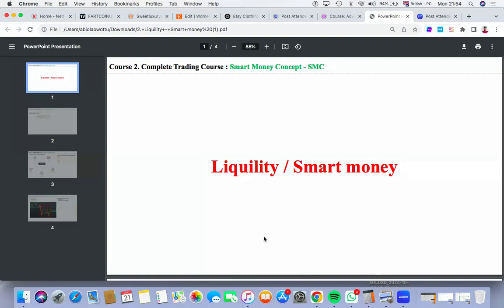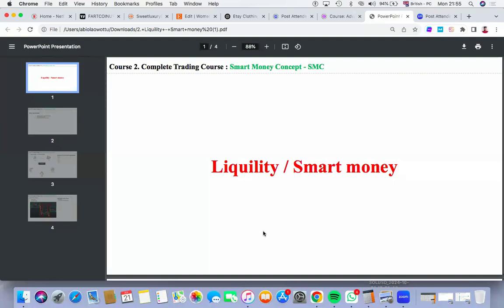Yes, yes, sir. Okay, so we are talking about BOS, which is break of structure, and there are a lot of confluences that we are going to talk about later in this class. But one of the key concepts I want to quickly brief us on is liquidity, right?